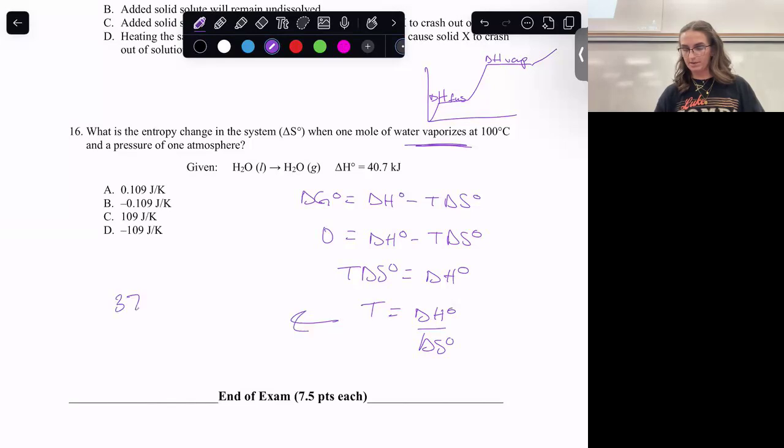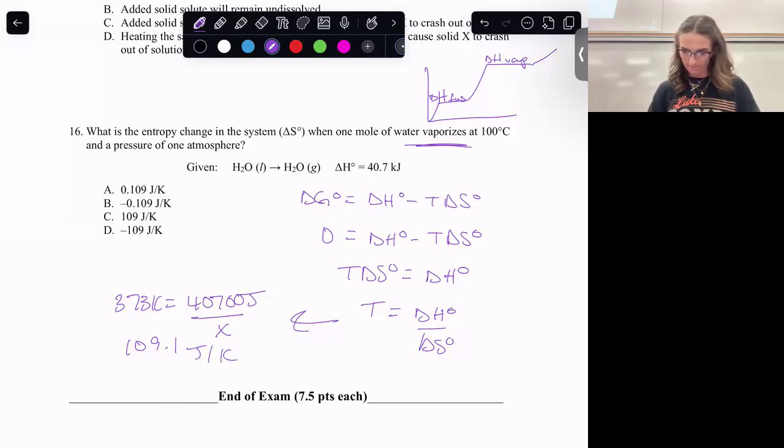Yep, 373 Kelvin is equal to 40700 joules divided by X. And I got 109.1 joules per K. Did that help?